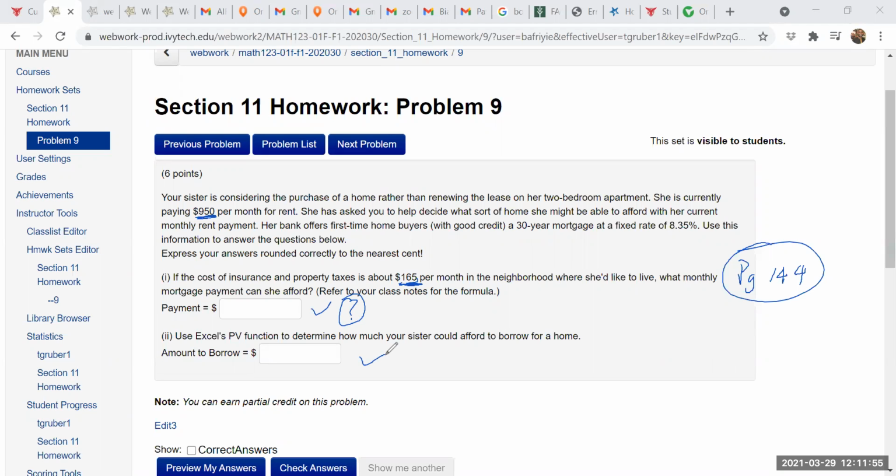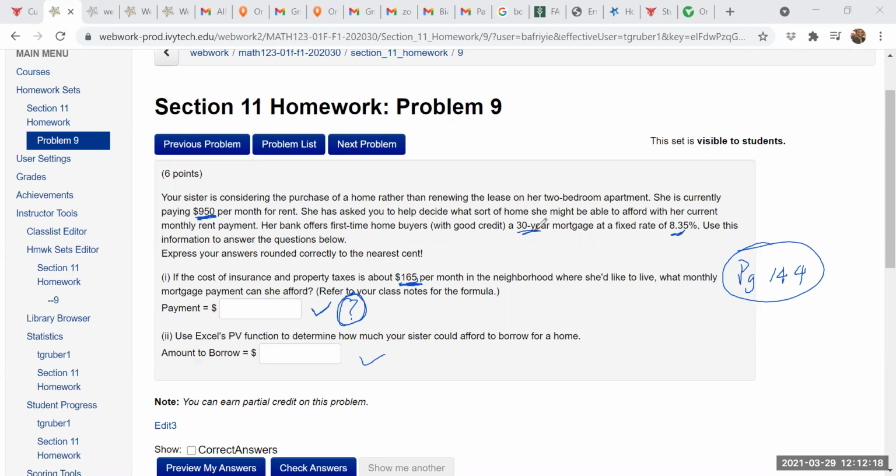So you use whatever value you have here, because PV is used to estimate how much loan you can afford when you know the monthly payment. So when you do 950 minus 165, that gives you that. All right. Now you know the interest rate, right? And then you know how long the mortgage is for.